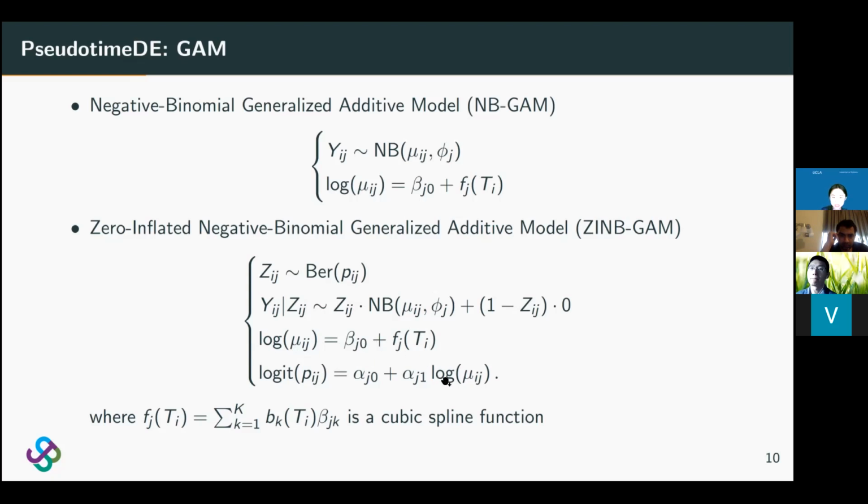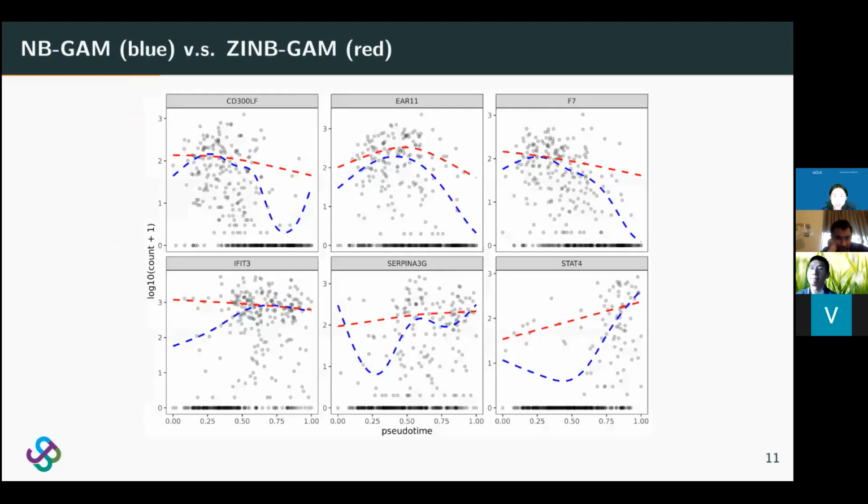We just consider it to be some linear transformation of the nonlinear function for log mu_ij, so we don't need another spline function. Otherwise, the problem may be a little too complicated. So these are the model assumptions for GAM, NB-GAM, and ZINB-GAM. Then what we're going to do is fit each model to a gene, and here we're showing 6 example genes.